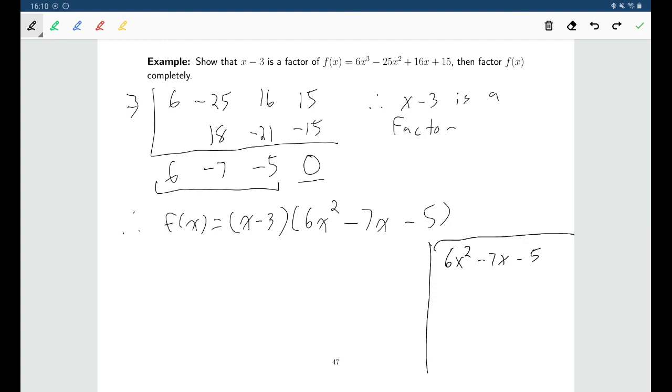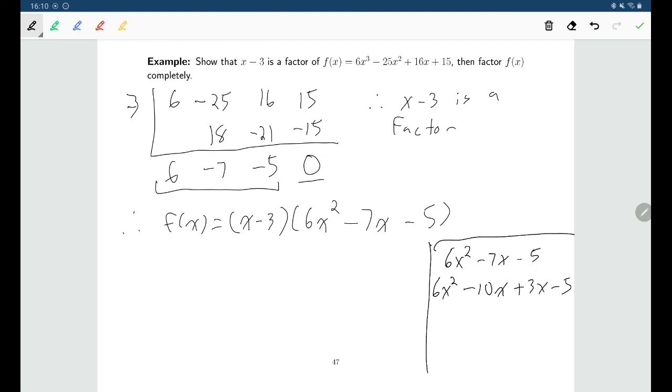That would be negative 10 and positive 3. Negative 10 and positive 3 multiplies to negative 30, and adds up to negative 7. So that can be split up into negative 10x plus 3x.